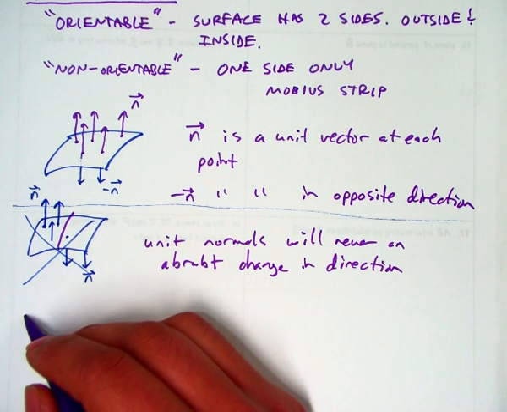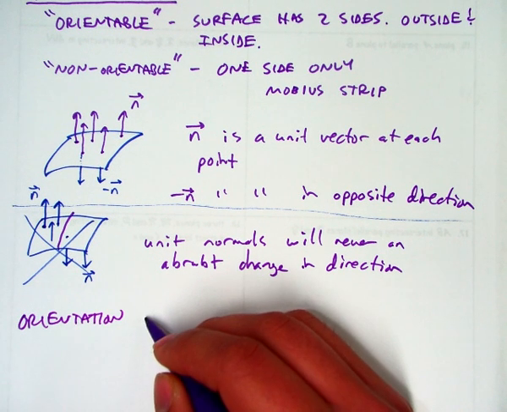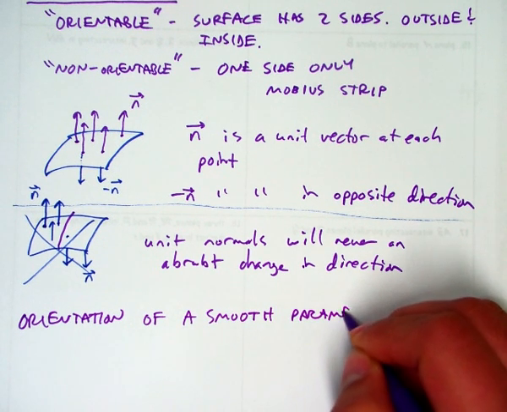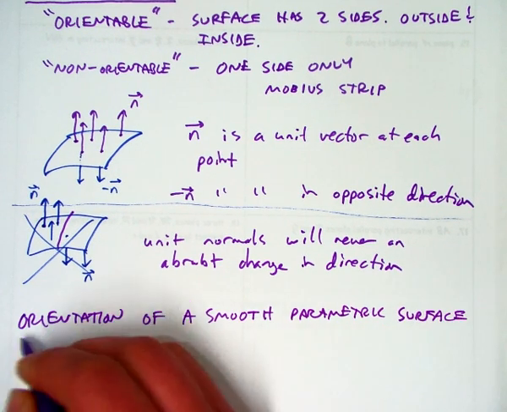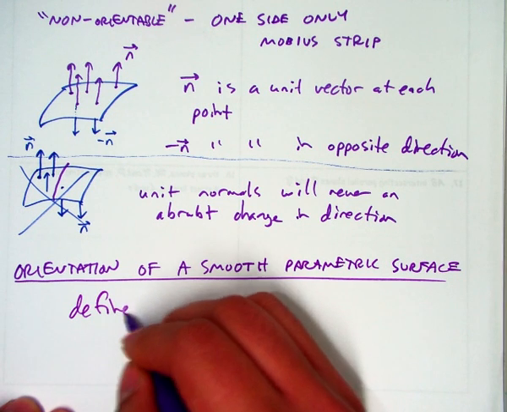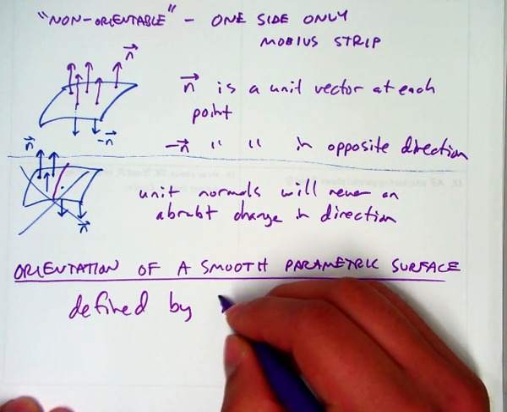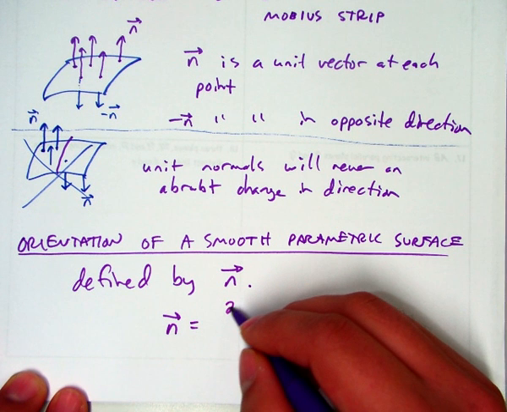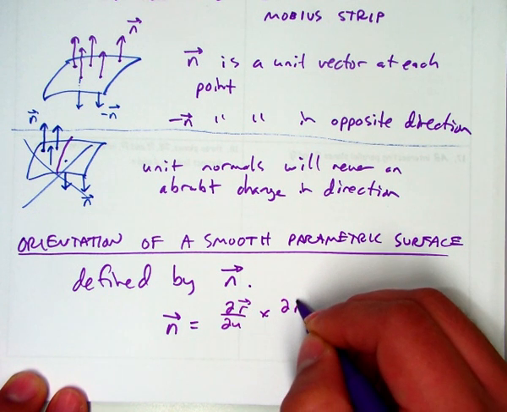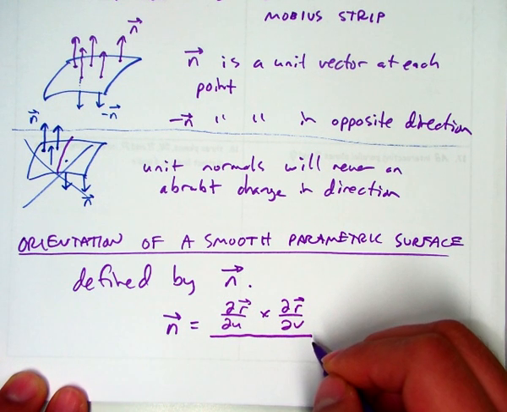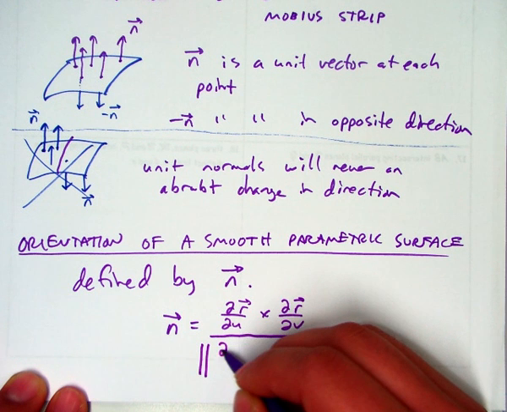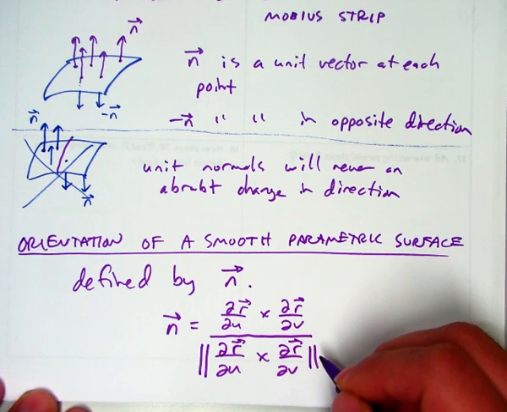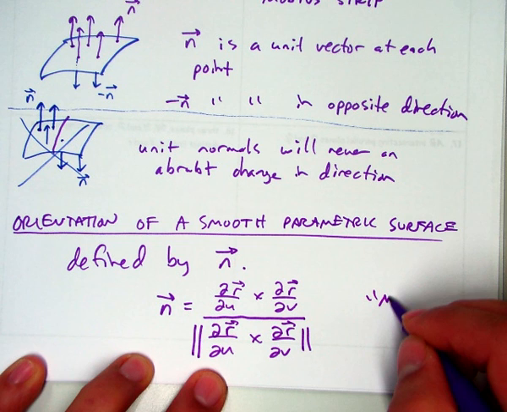Now, an orientation of a smooth parametric surface is defined by the unit normal. And we calculate the unit normal by taking partial r, partial u, crossing it with partial r, partial v, and to get a normal vector that's a unit vector, we have to divide by the magnitude of that vector. Should look somewhat familiar. Okay, we call this the natural orientation.